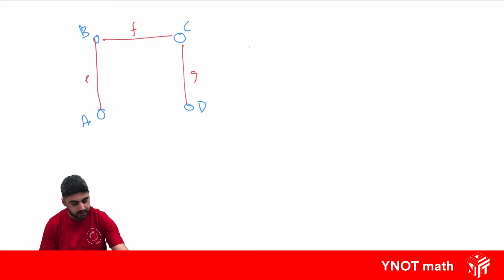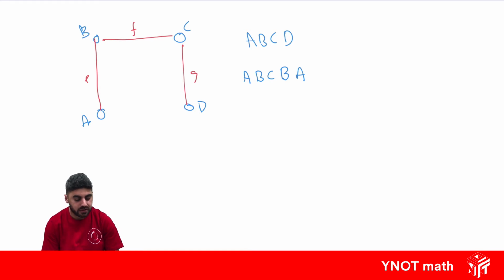So A, B, C, D is a path. But if the walk I did was A, B, C, B, A, here I'm visiting vertex B twice and A twice, so that's not a path. So this one is a path, but this one is a walk.